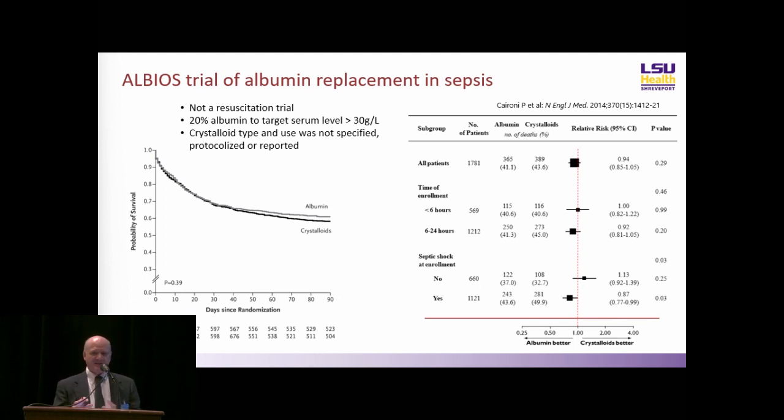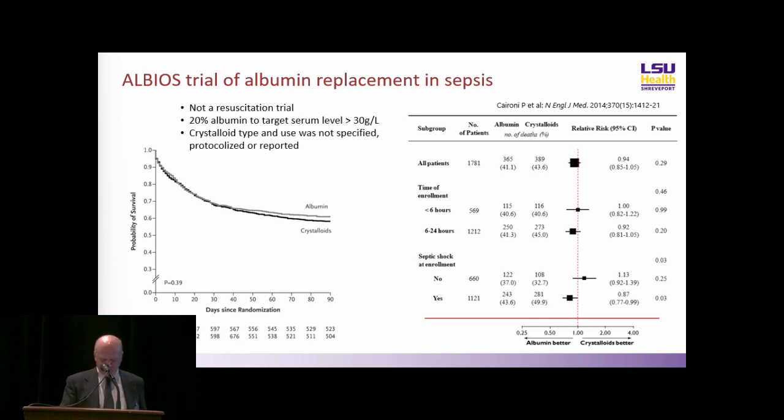Well, I cannot cover in a short period of time all of the crystalloid versus colloid studies, but I just want to point out some of the more recent, this recent study and a meta-analysis.